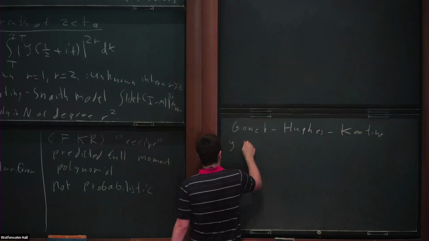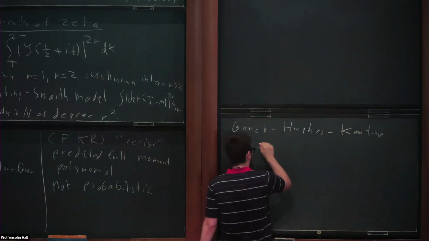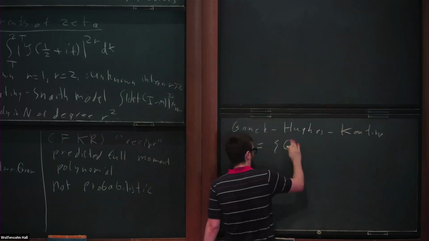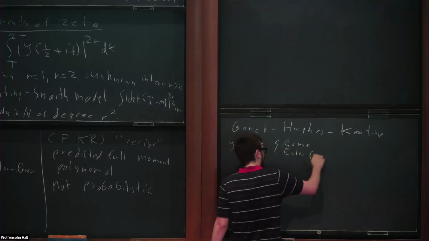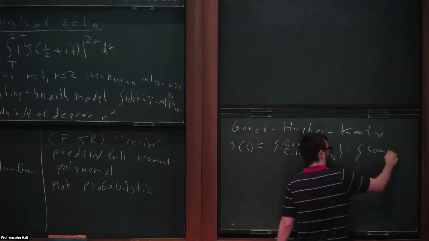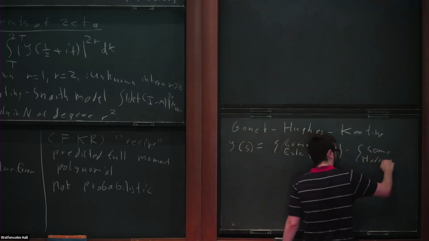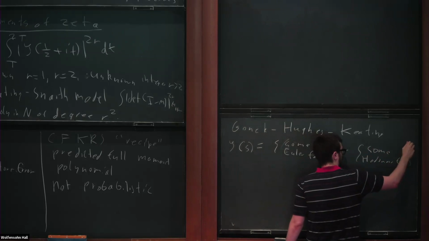This work starts with a theorem, the Euler-Hadamard product, that zeta can be written as a product of some Euler factors times some Hadamard factors times 1 plus little o of 1.